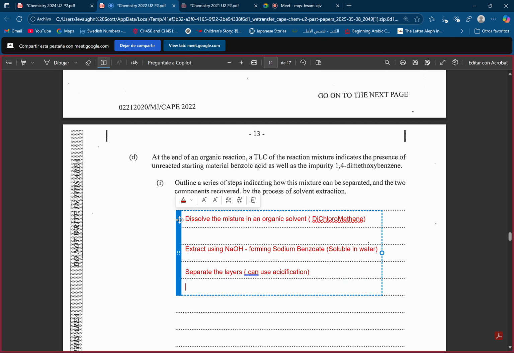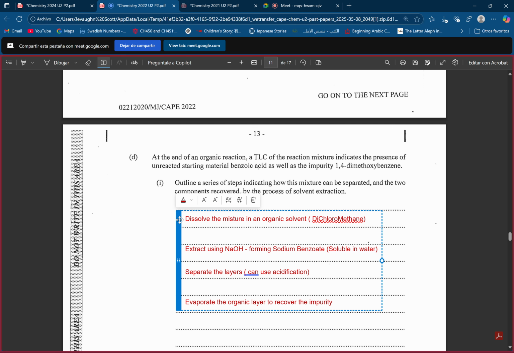The last thing we do, we evaporate the organic layer to recover basically the impurity. I write the impurity because I don't want to write 1,4-dimethoxybenzene. But that is it.